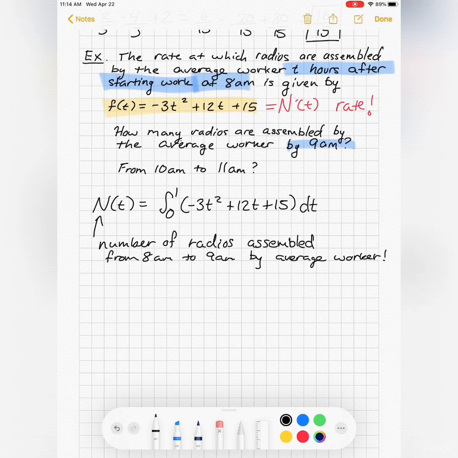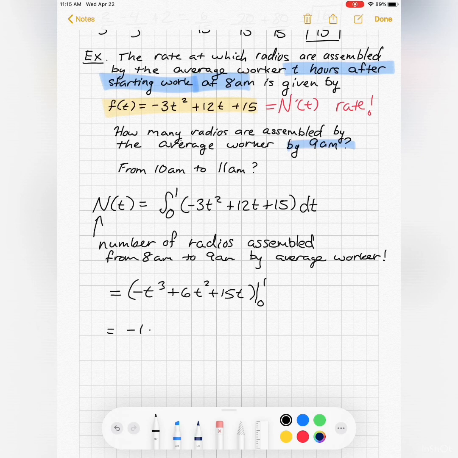So let me do the integration. What is that? Negative t cubed plus 6t squared plus 15t. Double check that. That'd be negative 3t squared plus 12t plus 15. Okay, evaluate. The limits are 0 and 1.